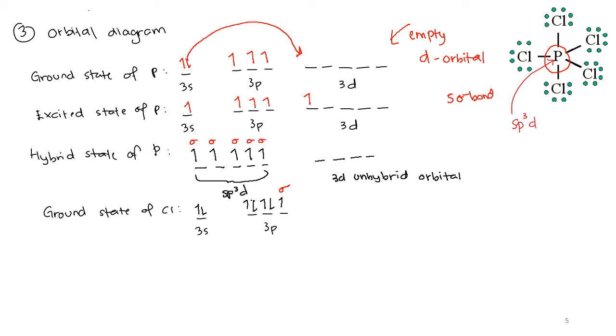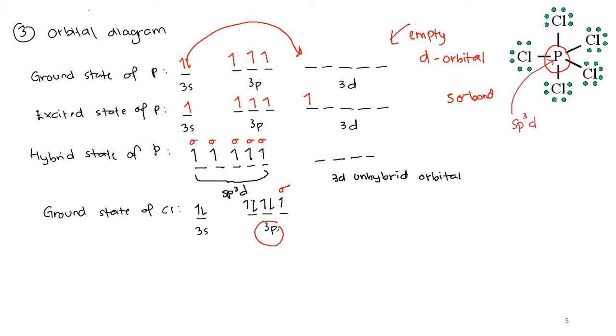Each of the single electrons in phosphorus sp3d hybrid orbital will overlap with one single electron in a 3p orbital.